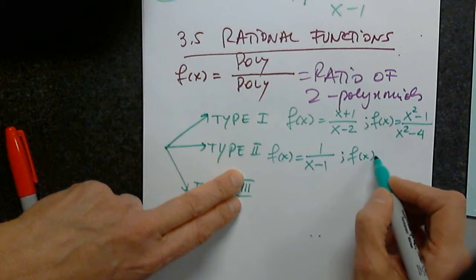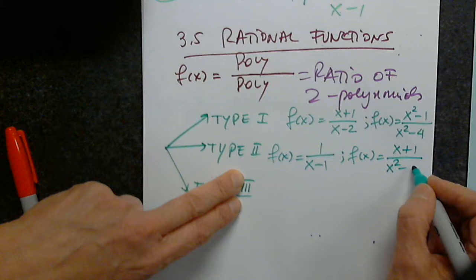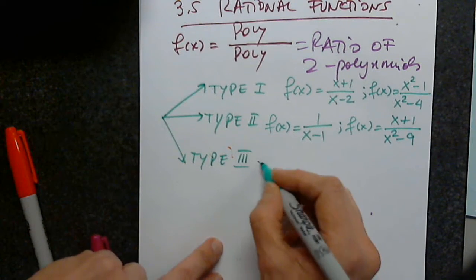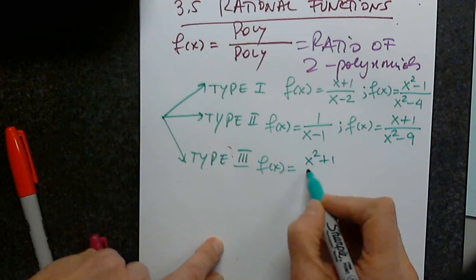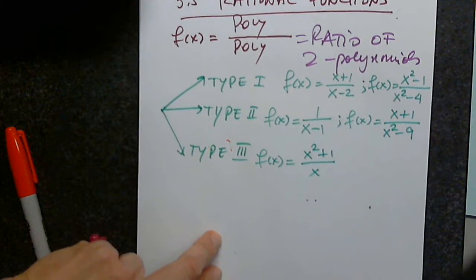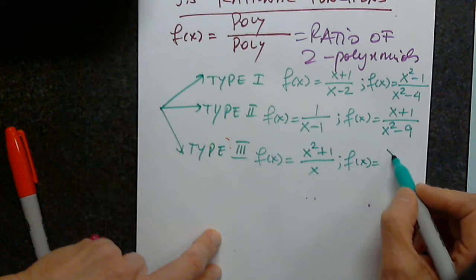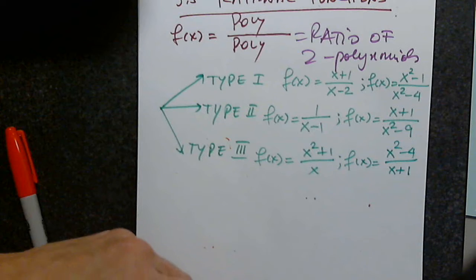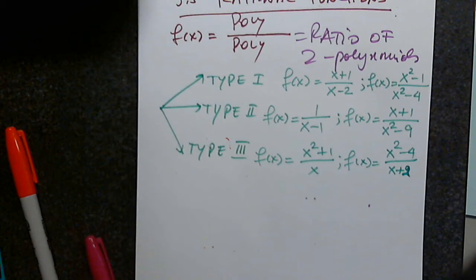Another f of x equals x plus 1 over x squared minus 9. Type 3. f of x equals x squared plus 1 over x. Another f of x equals x squared minus 4 over x plus 1. I'm going to make it x plus 2. It doesn't matter.